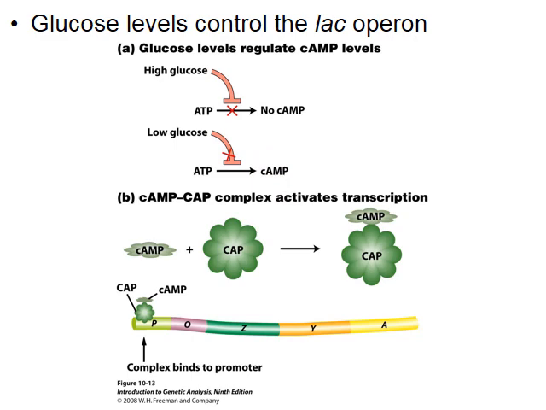When cyclic AMP is present, it can form a complex with the CAP protein, and this complex is now the active form of this activator protein, so it can efficiently bind to the activator binding site. And when it does that, it will actively recruit RNA polymerase to the promoter site, thereby increasing transcription levels of the lac operon.